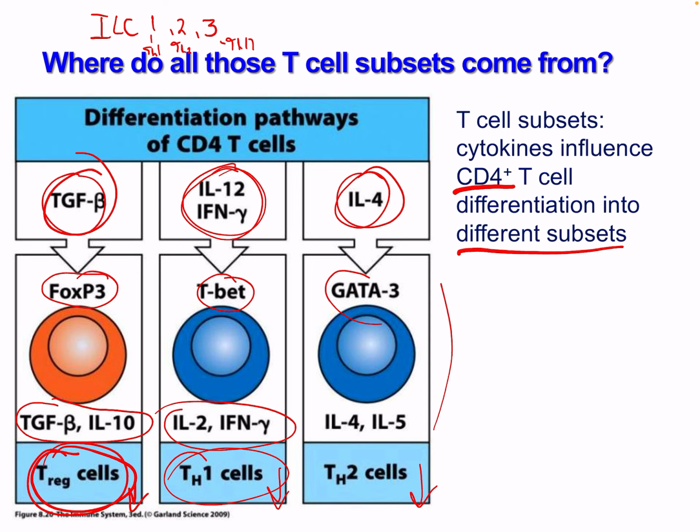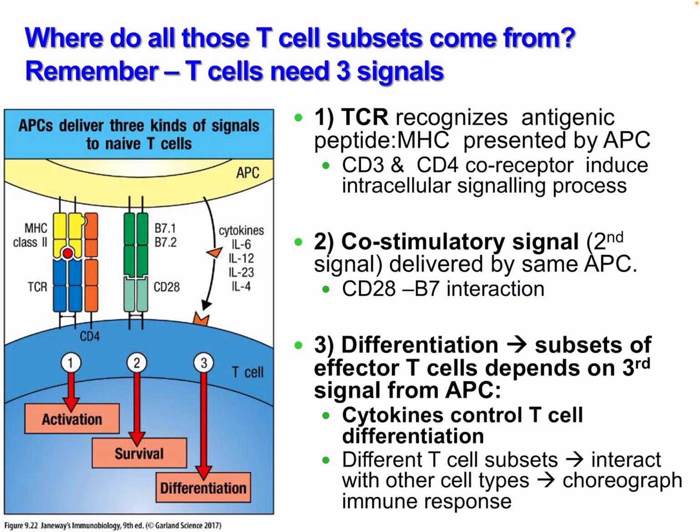IL-4, GATA3, IL-4, IL-5, Th2 cells. So again, this is one where I would say come back, look at the figures, even draw out the figures. Just draw out your own pathway, going from each step to the next one. Make a little pathway chart, the best way to remember.